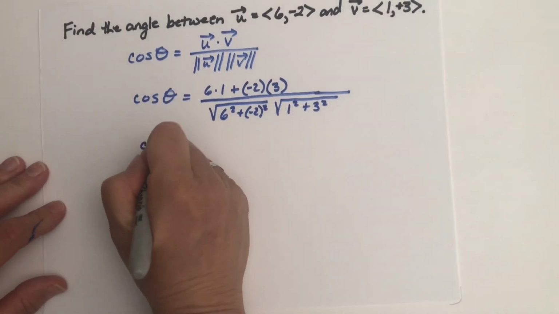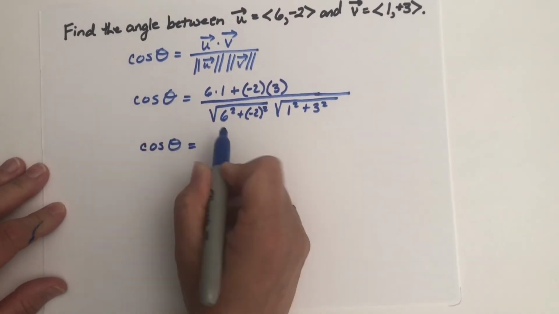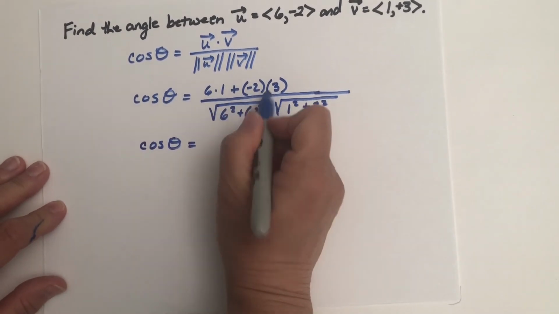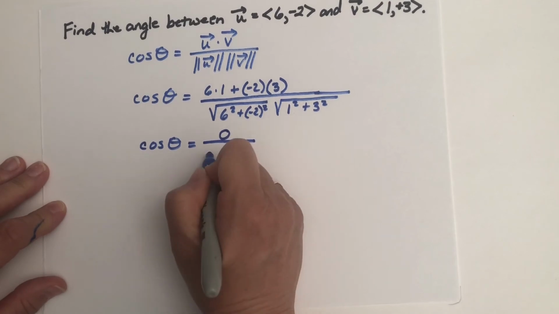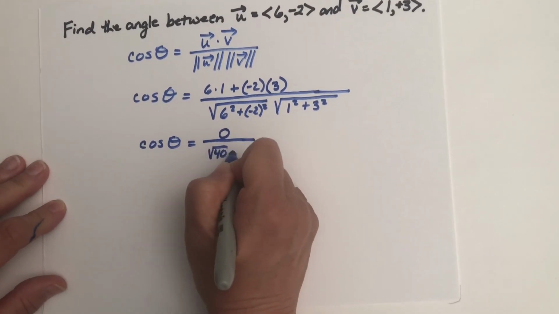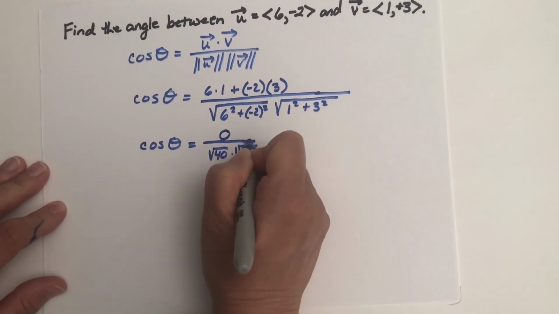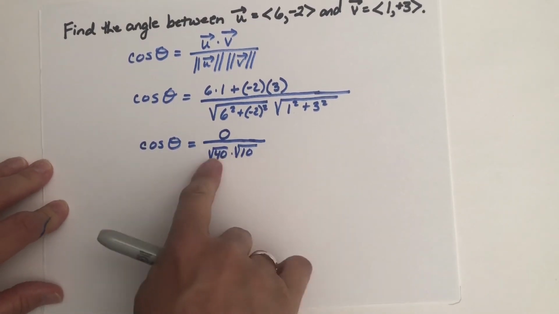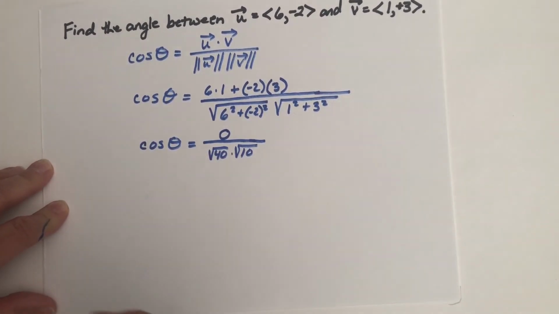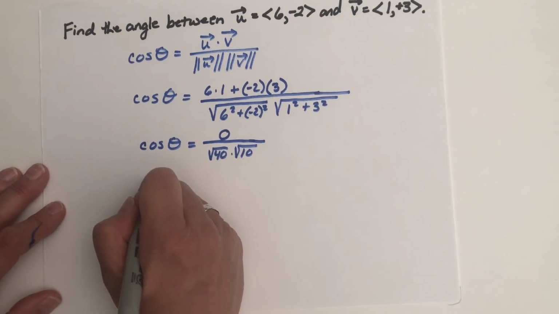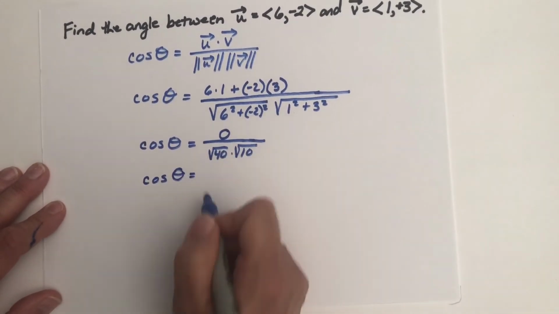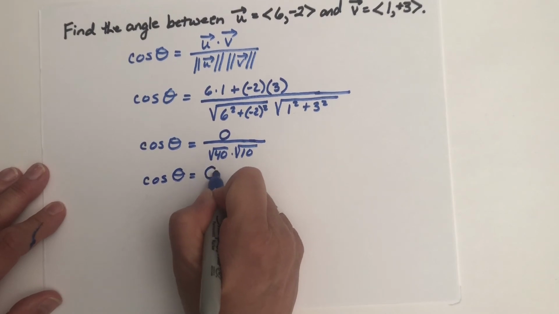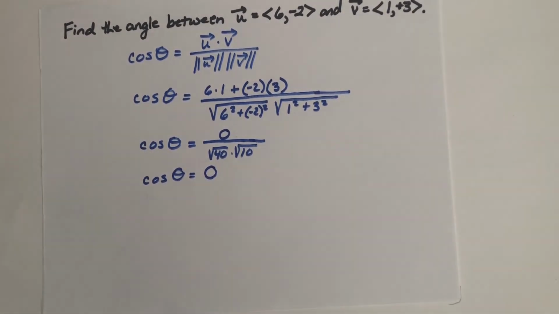So I have the cosine of theta equals 6 plus negative 6, that's 0, over the square root of 40 times the square root of 10. Now I would simplify that denominator, but we know it doesn't matter what the denominator is because the numerator is 0. As long as the denominator is not 0, we're solving this equation: the cosine of theta equals 0.